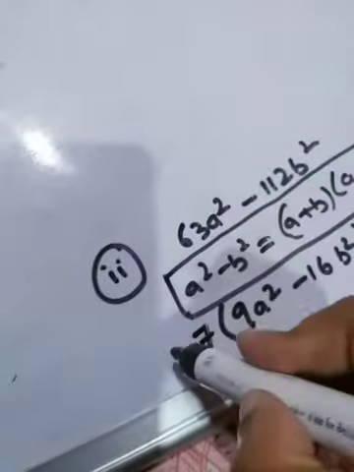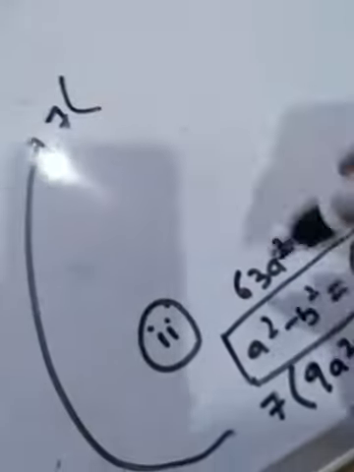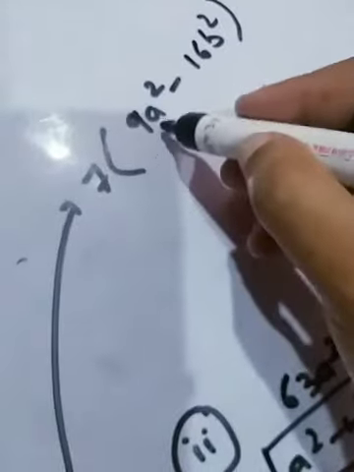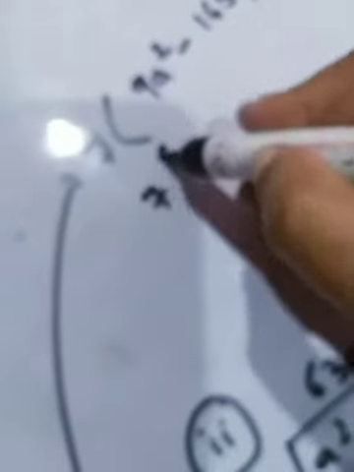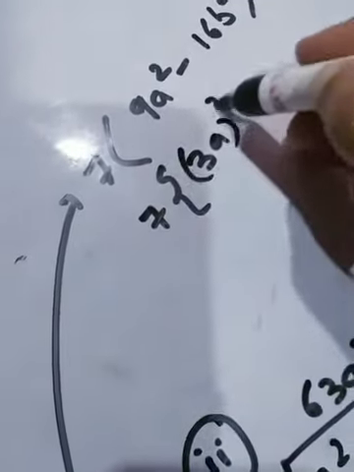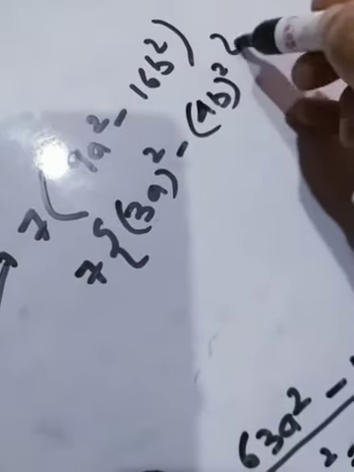Let me write this again here: 7 times 9a square minus 16b square. Now I can convert this into whole square formation. In place of 9 we can write 3a whole square, and in place of 16 we can write 4b whole square.